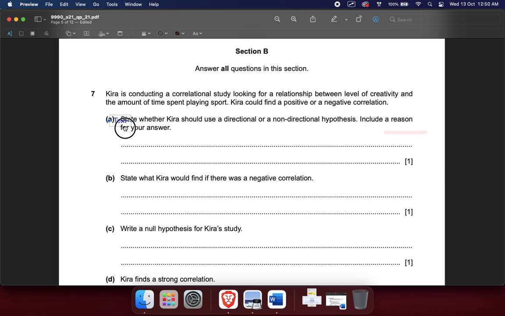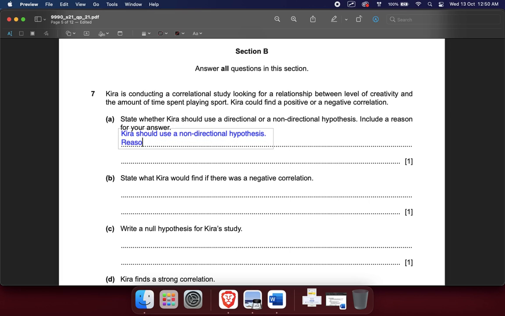So what do we want to say? Firstly, directional or non-directional? What do you think? She doesn't know whether it's going to be positive or negative. She has no idea. When you don't know which direction, you should use a, right? So Kira should use a non-directional hypothesis. Now the question is, why? We have to give a reason, right?